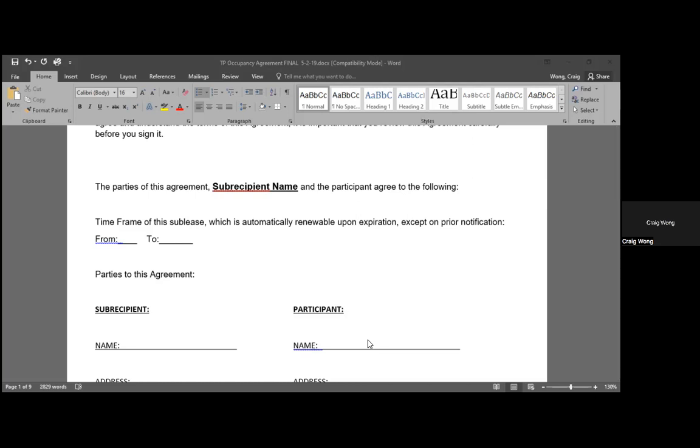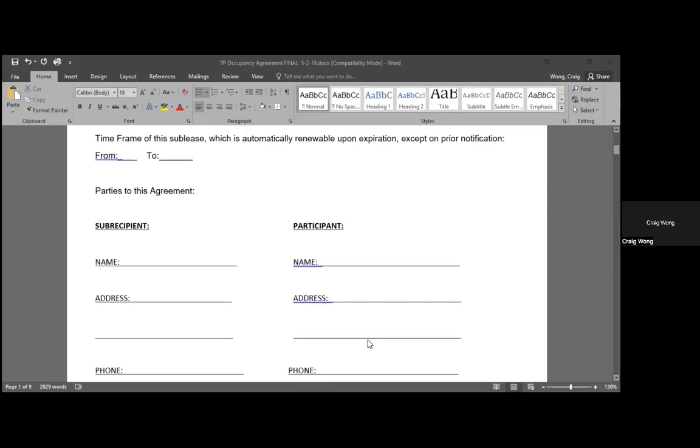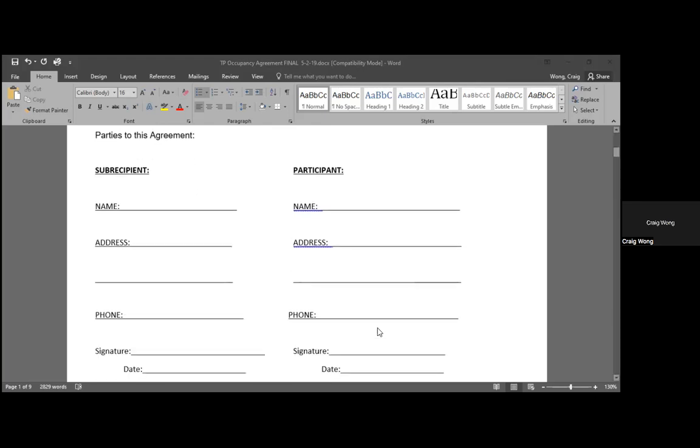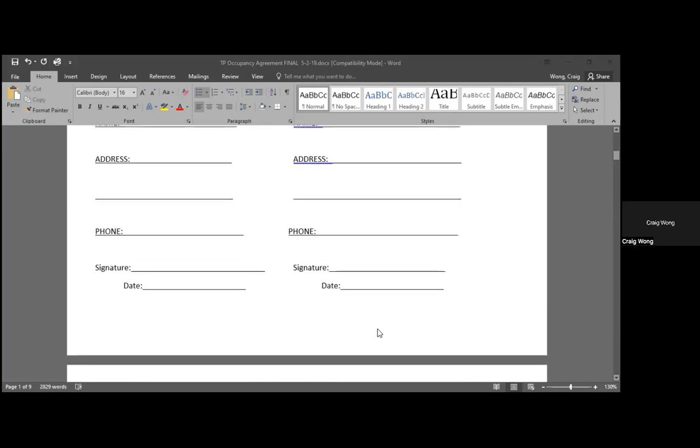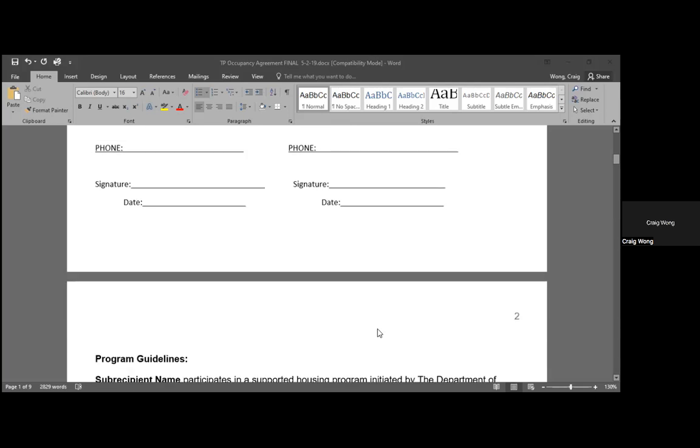The occupancy agreement needs to be completed annually. Below that is the subrecipient, that is your organization's representative, and also the participant, of course, is the client who is entering into your housing program. Signatures are required at the bottom as well as dates.